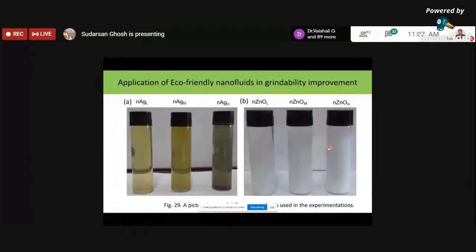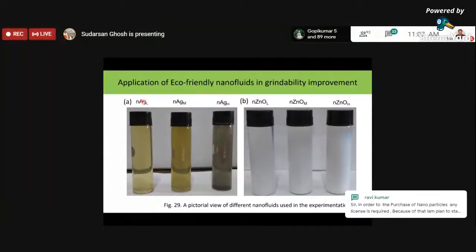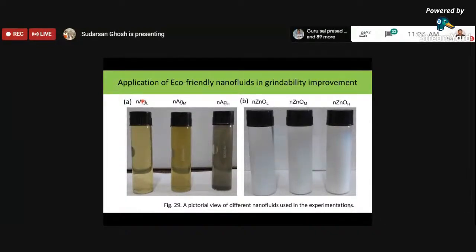So now let me show you photographic images of the nanofluids which have been generated in our lab. So this is silver nanoparticles. When we purchased the silver nanoparticles, it is not in powder form.